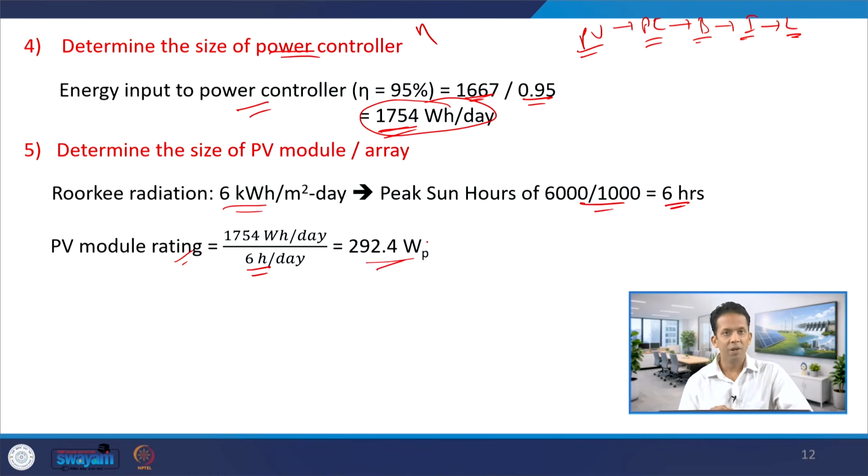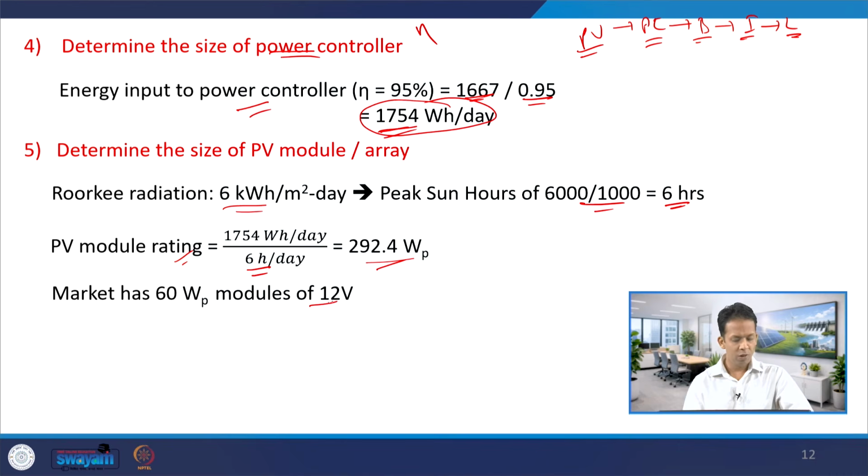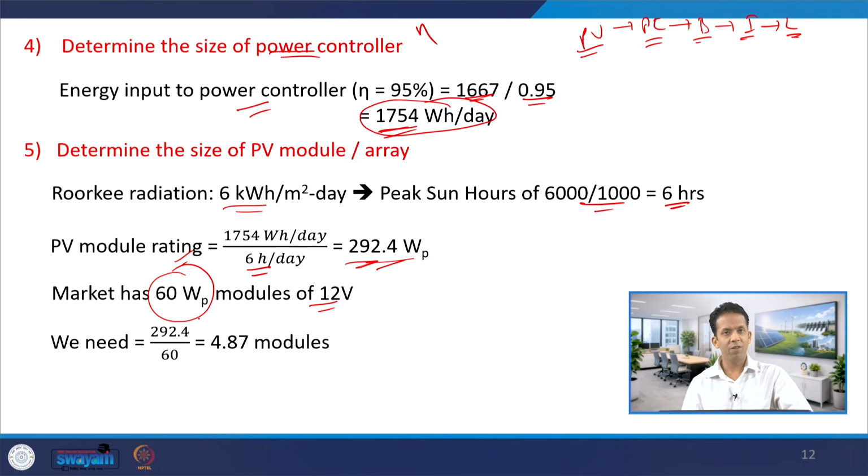Now, in the market, one PV module is of 60 watt and voltage is 12 volt. Here also we need a system of 24 volt, but before that we will calculate the number of PV modules by dividing 292 by 60. That comes out to be 4.87, approximately 5 modules.